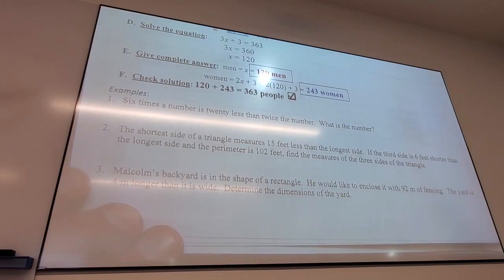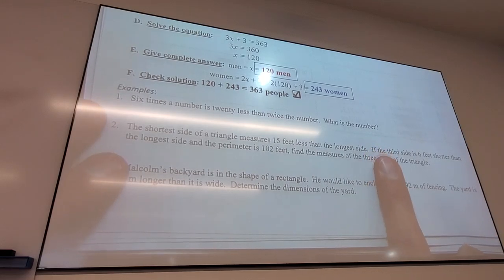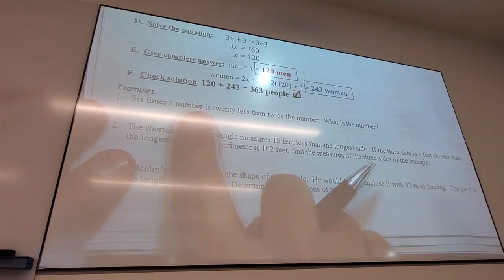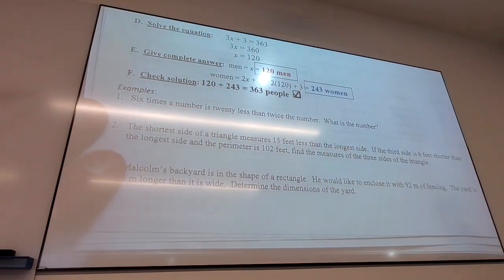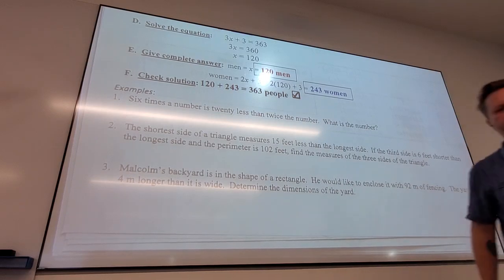So, real quick. Number 1 is an example of a pseudo equation. It's already basically an equation. Do you guys see that? Can you guys write the equation this represents?